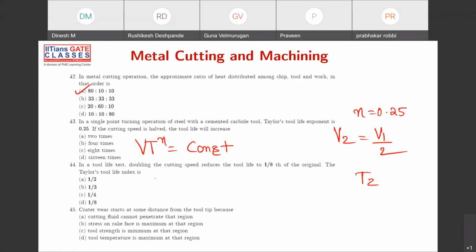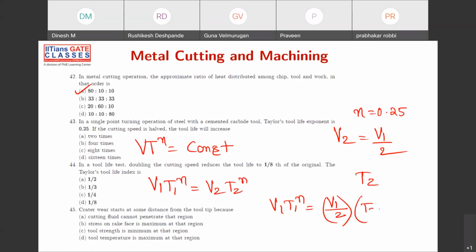Okay. So we know that V1 T1 to the power of n is equal to V2 T2 to the power of n. We know that. And what is V1? V1 T1 to the power of n is like that only. But V2 is what? V1 by 2 into T2 to the power of n, right?